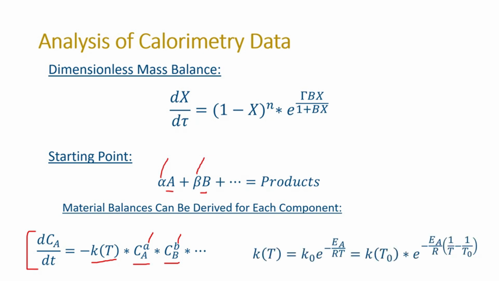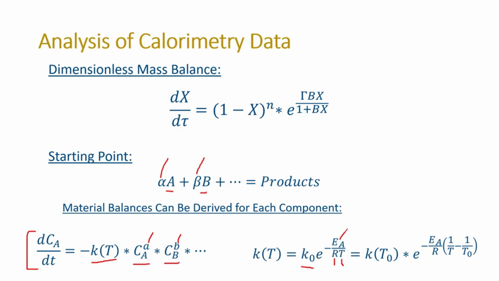The rate constant, this K of T as a function of temperature, can be expressed using the Arrhenius equation, where K sub 0 is a pre-exponential constant, and again we have E sub A as the activation energy, R as the gas constant, and T as the temperature.